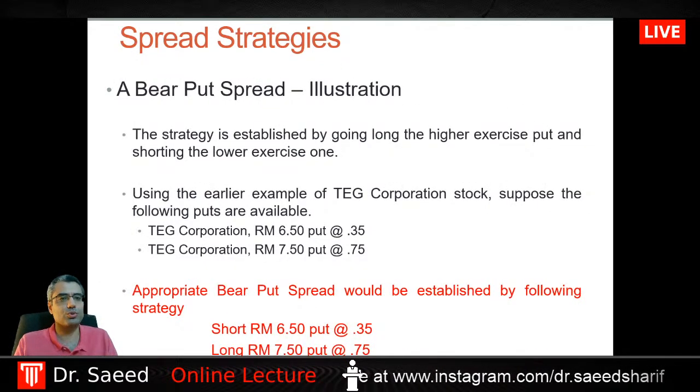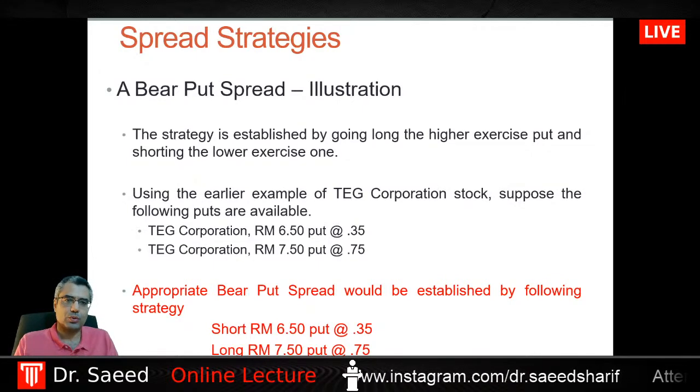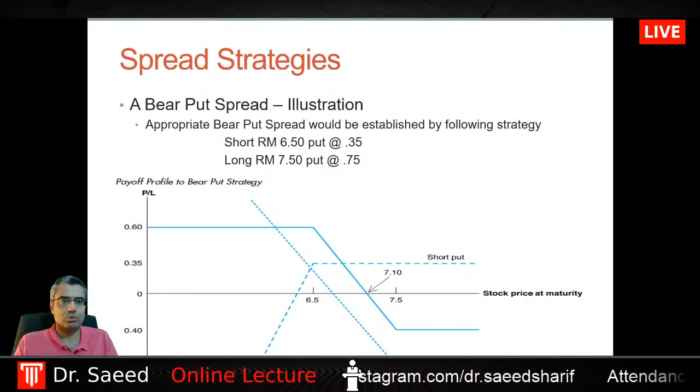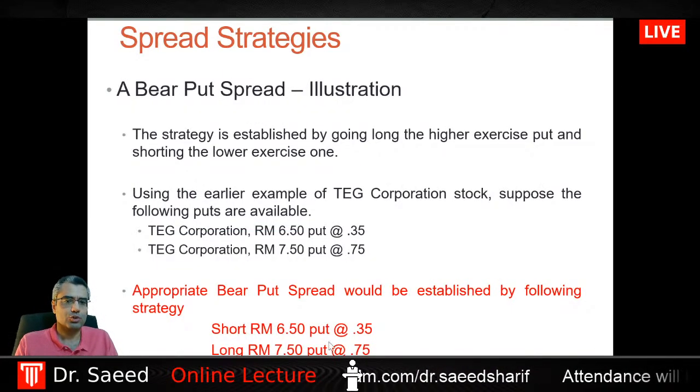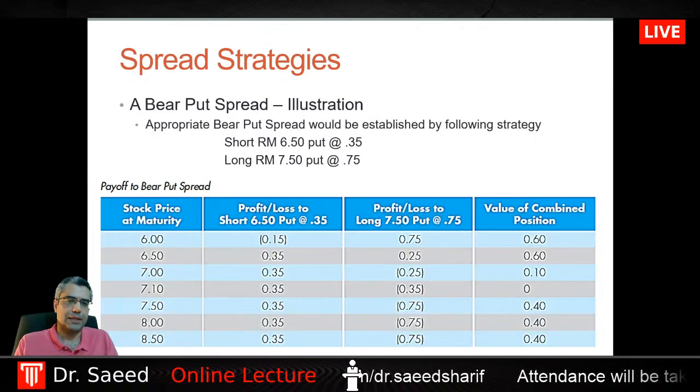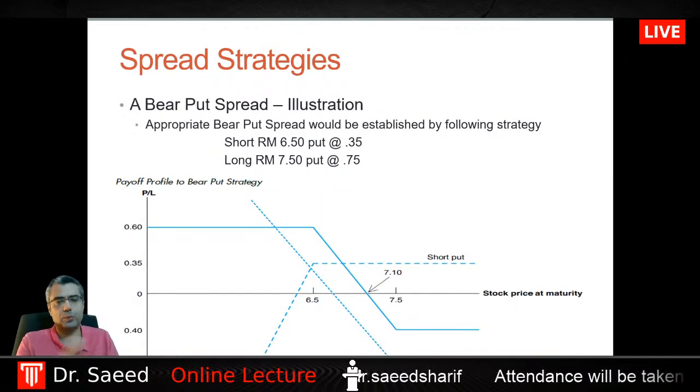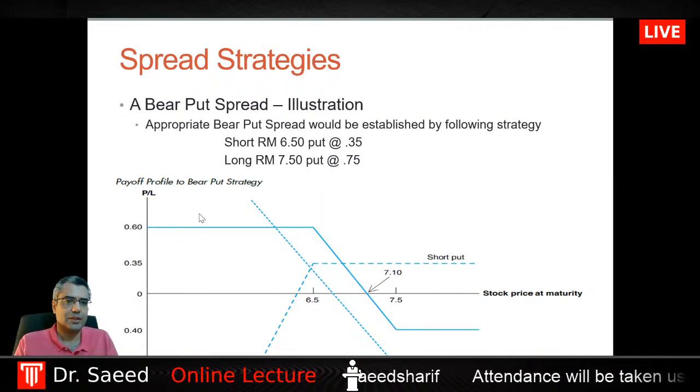Now, you can construct the same spread, the bear put spread, using only puts. So you just combine two puts, as you can see here, short the cheaper put, long the more expensive put, and then construct again the table, and you will get the same shape as the bear call spread.